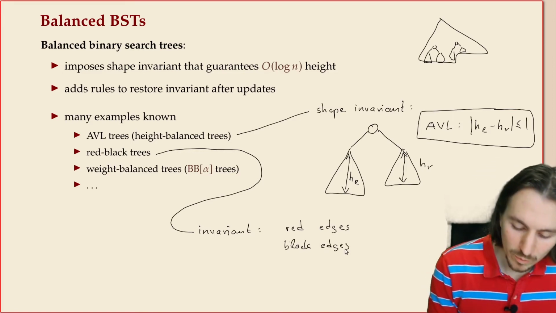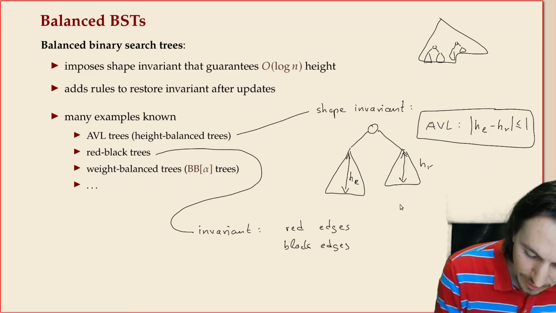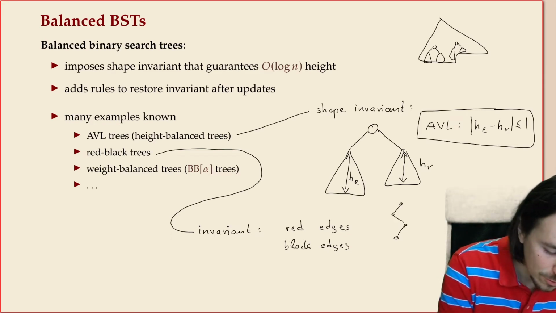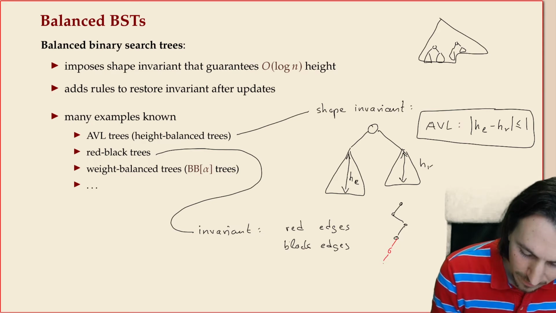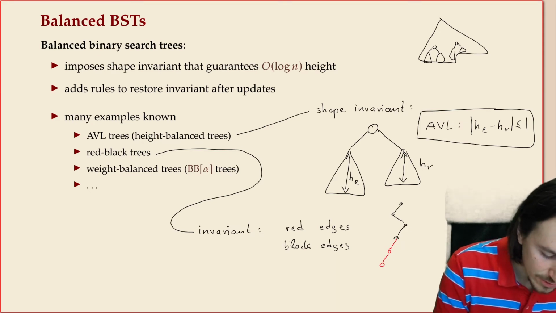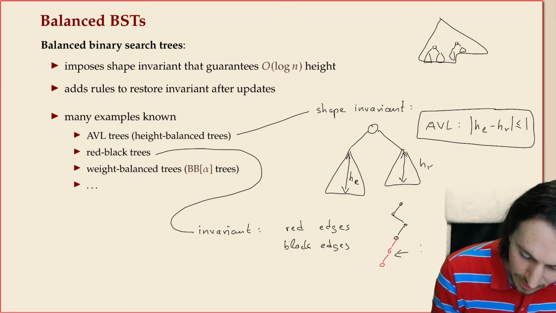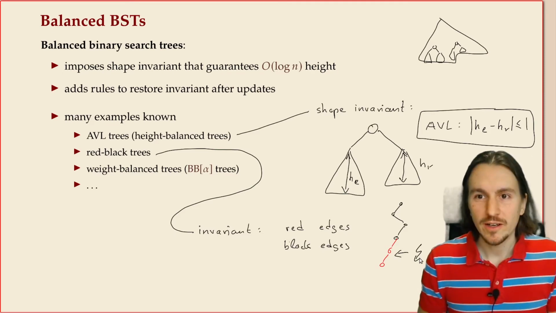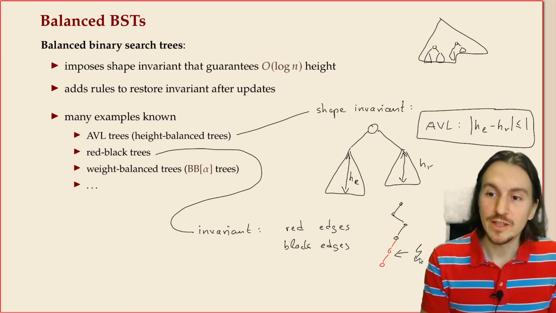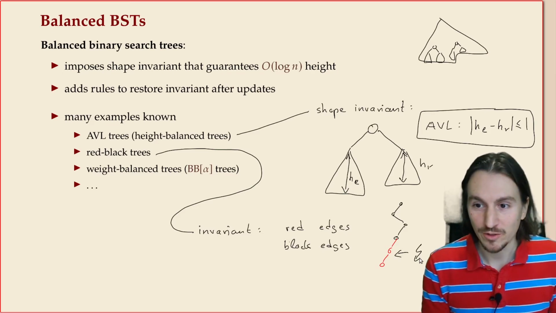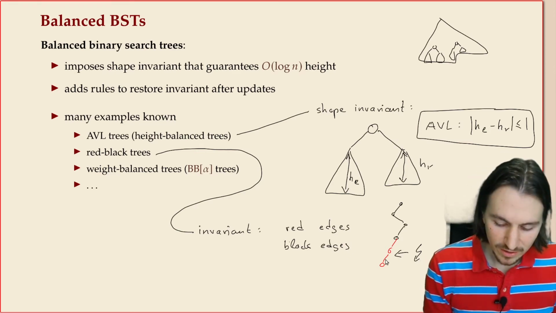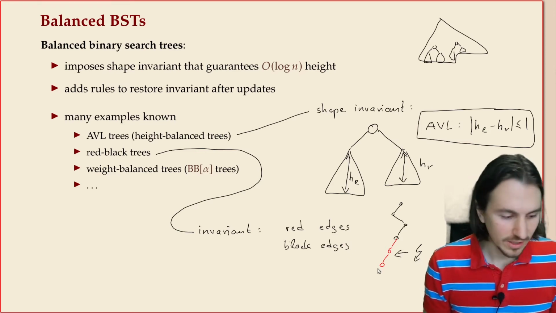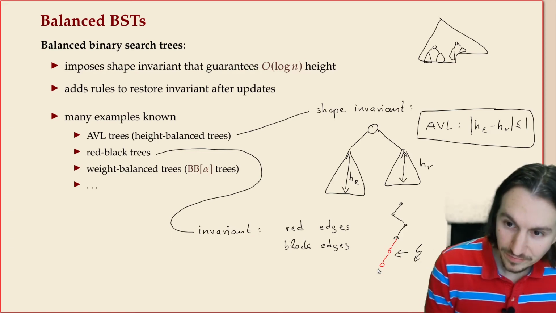And if you go down a path, you can never have two red edges in a row. So this is not allowed. You can have red edges, but they must at least alternate. You can have as many black edges as you want, but no two red edges in a row.